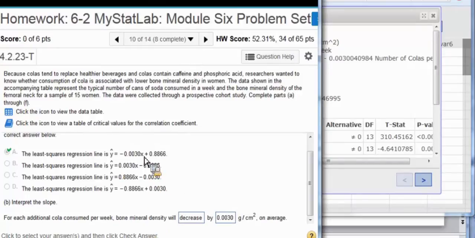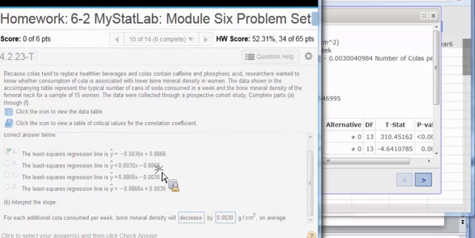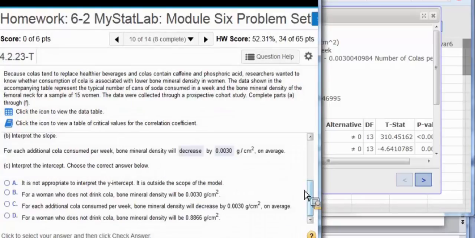X goes up by 1, Y goes down by 0.003. Okay, that's the second part. Let's see. Choose the correct answer for the intercept.